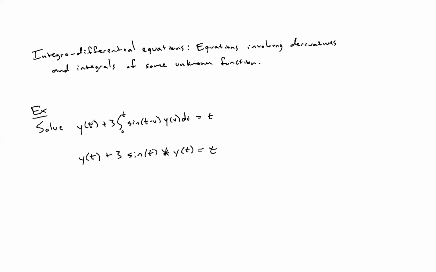Here, if we take the Laplace transform on both sides, let the Laplace transform of y of t, like we've done before, let's just call that capital Y of s.